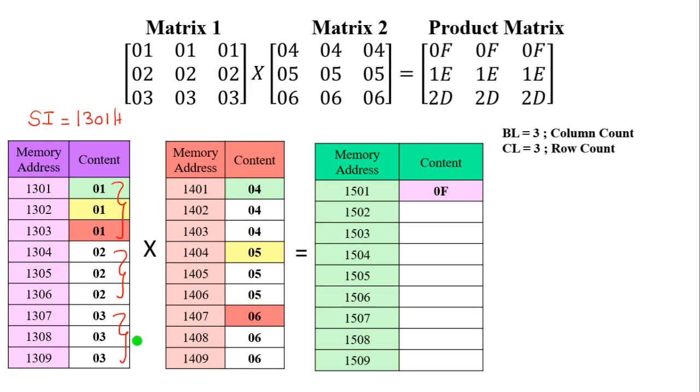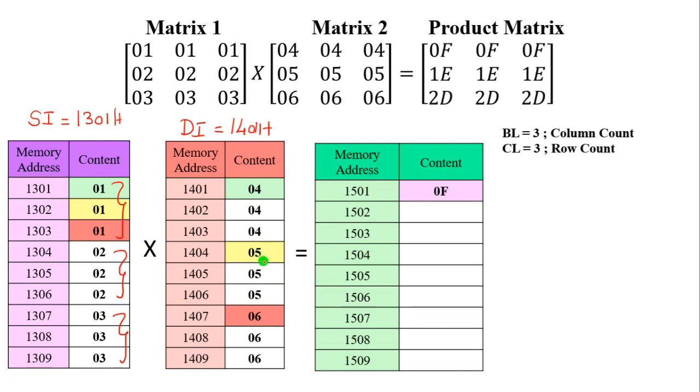Next, matrix 2 can be loaded at the next memory address. This memory address can be loaded into DI. This memory address becomes 1401H. 1401H is loaded with 04. The 1402 value becomes 04 and the 1403 value becomes 04.